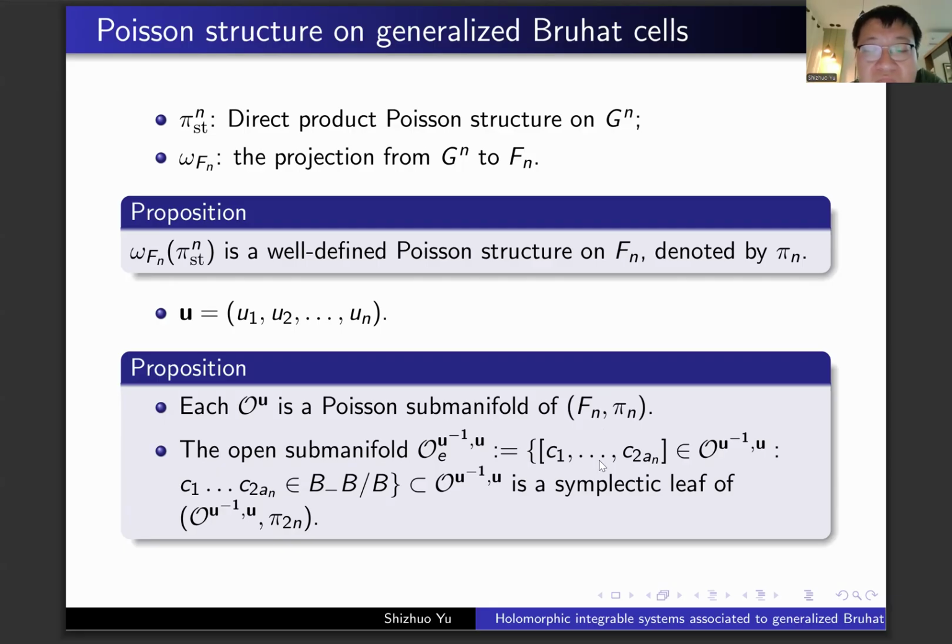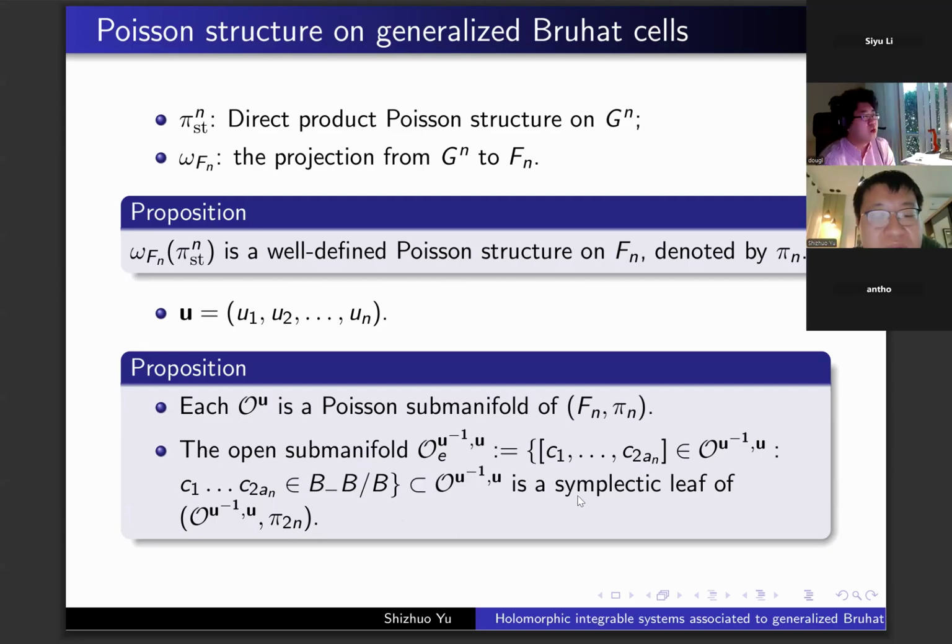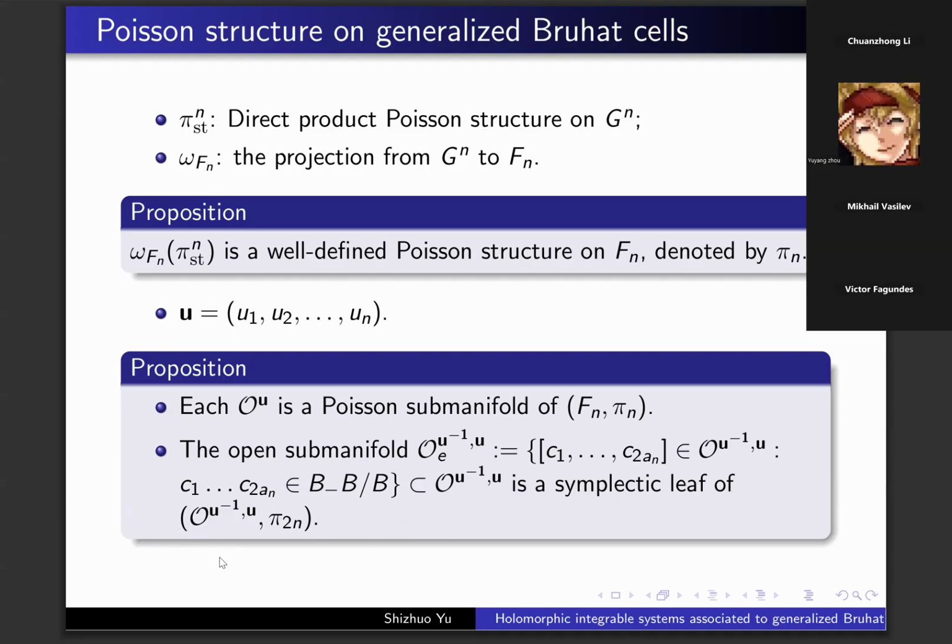In particular, it is an important fact that for the open submanifold, the multiplication of these building block elements c_i lies in the open opposite Bruhat cell B minus B over B. This open submanifold is a symplectic leaf of the generalized Bruhat cell.